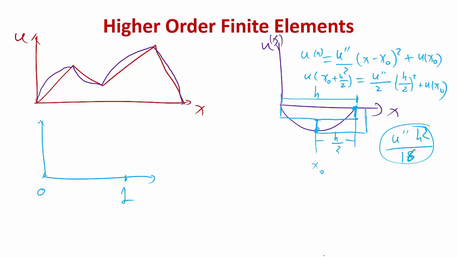These are naturally a basis for quadratic polynomials. So I can choose phi1 equal to 1, phi2 equal to x, and phi3 equal to x squared. That's a perfectly fine basis.